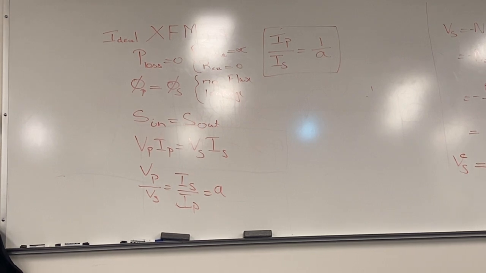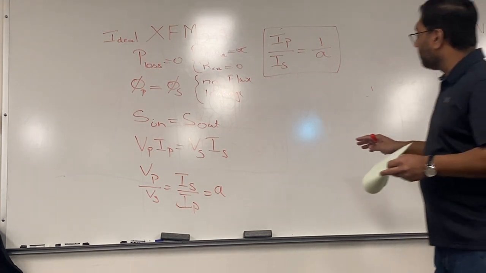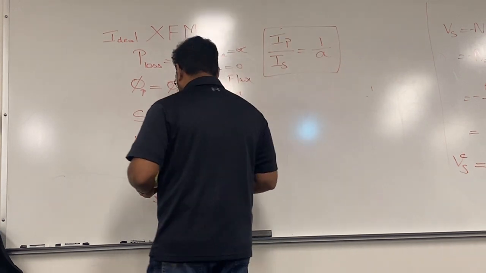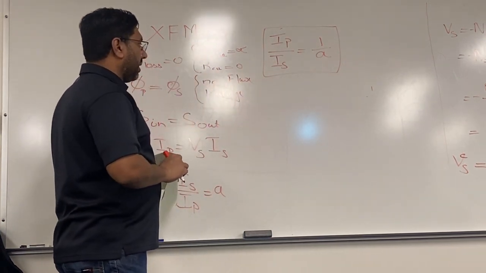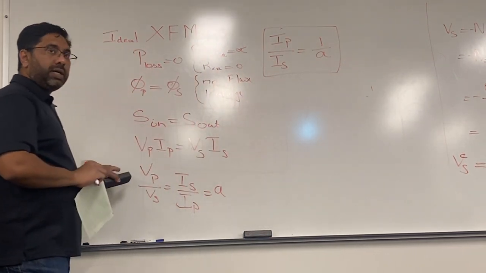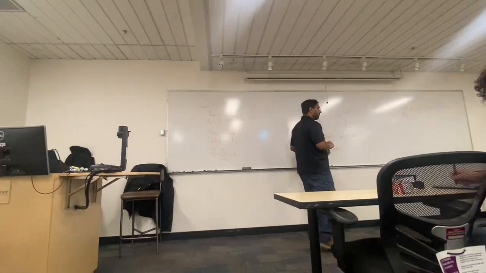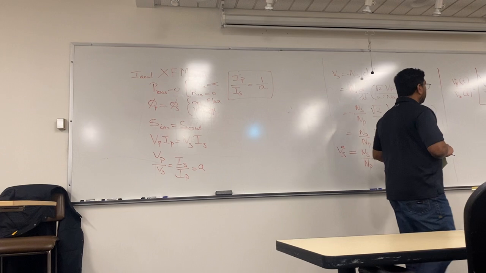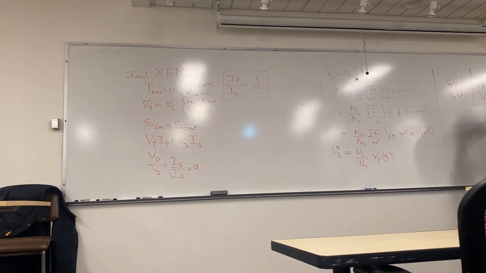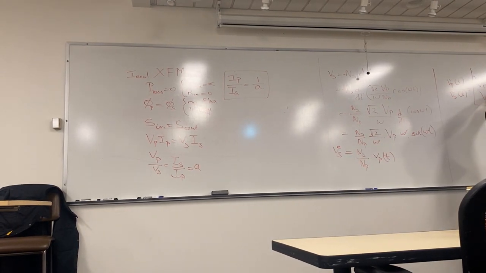But VP over VS is the turns ratio that needs to be somehow memorized, I would say. Same thing with this. Can I erase this or should I? What does A mean? A is the turns ratio, and that simply means the number of windings on the primary over the number of windings on the secondary.